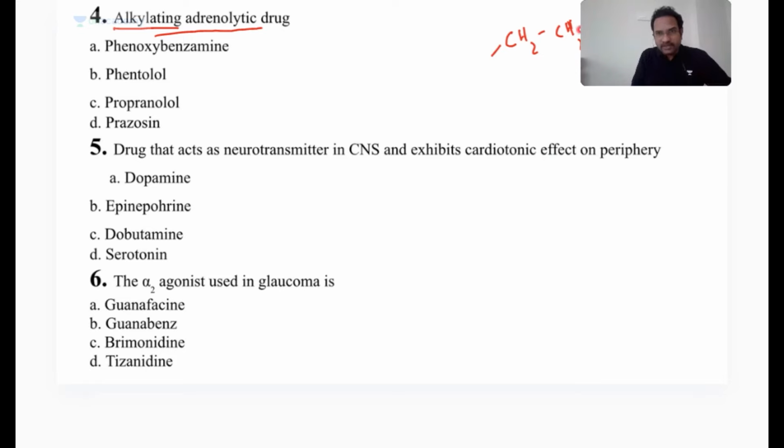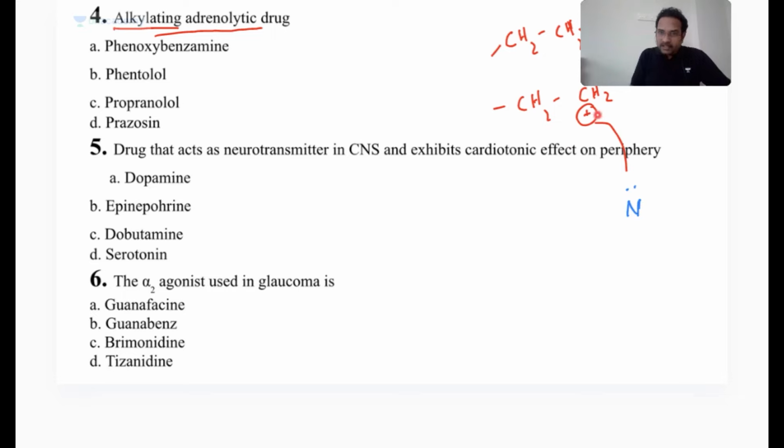Now, the uniqueness of this group is, see, this chloride is a very good leaving group. It leaves as Cl minus. So it leaves CH2 with a carbocation. Now this cation will try to attack wherever it finds electrons. Usually the highest amount of electrons are there with nitrogen.